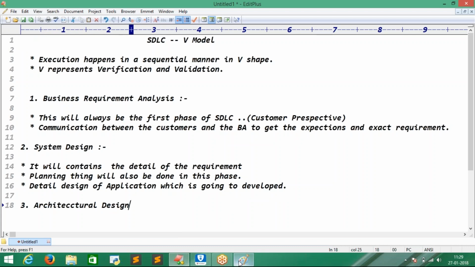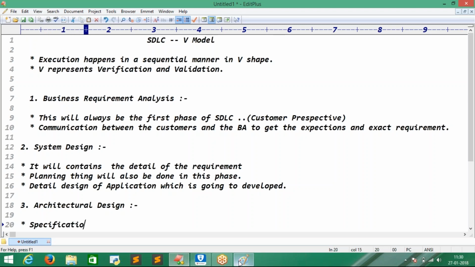Third, after system design, as you can see, we have architectural design. In this architectural design, the specifications should be designed. All the specifications should be designed in this phase.